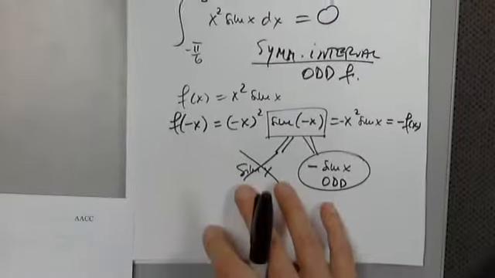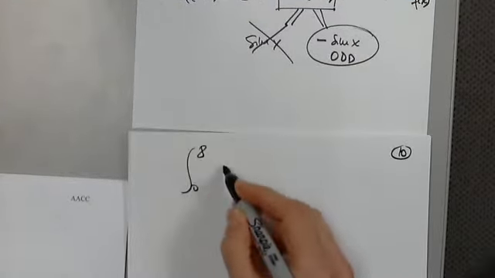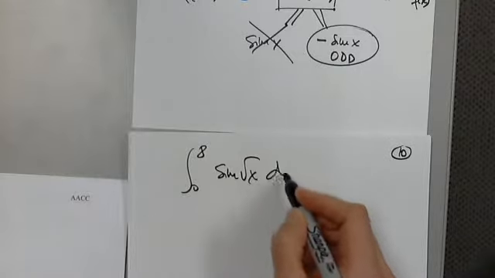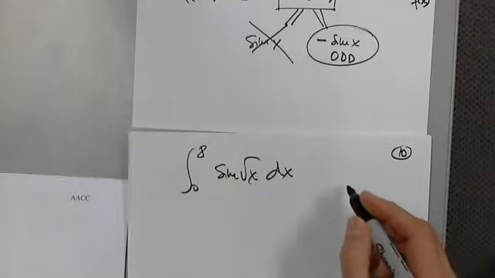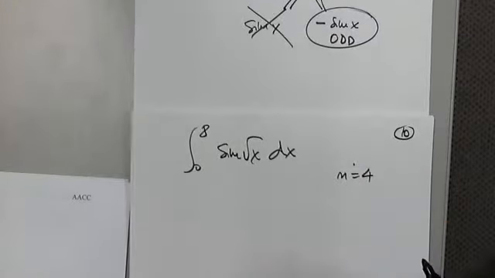Okay then, so the function is, we cannot determine the antiderivative of this. Don't even try. So the integral from 0 to 8 of sine of the square root of x dx, and we want n equals 4, with the midpoint rule.